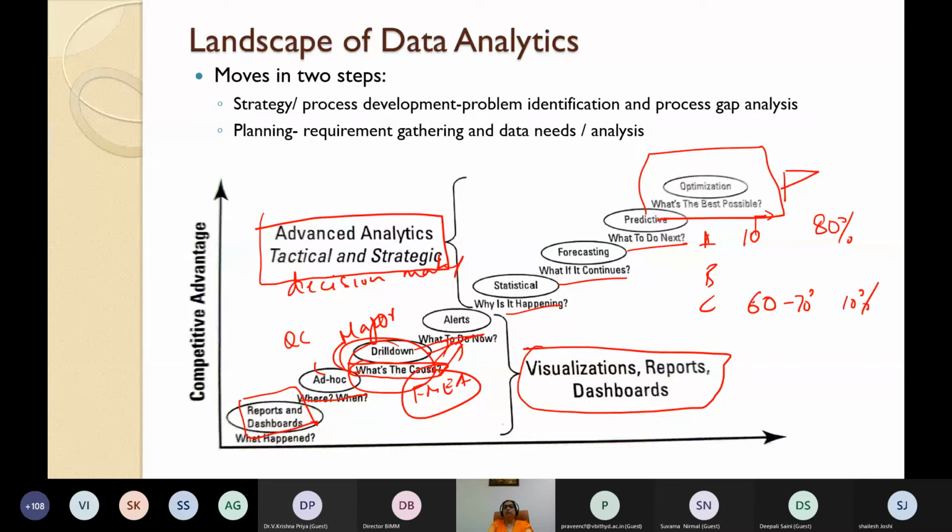So we essentially move in two steps. First is strategy formulation and process development, wherein you are identifying the problem and the process gap, why it has happened, where we lag, and then you go for forming the planning decisions, which is requirement gathering and data needs and analysis.